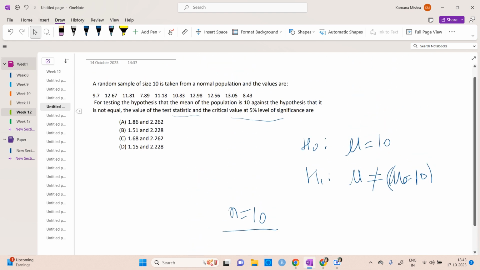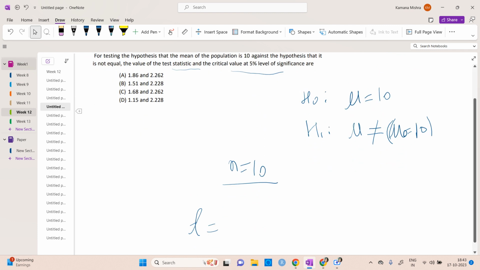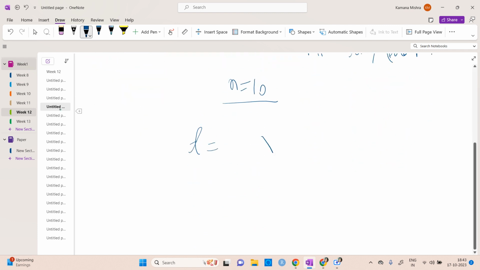Sigma is not given, so a z test, x bar minus mu divided by sigma upon root n, will not be performed. So anyway we will perform a t test.